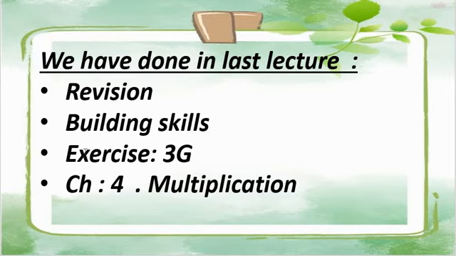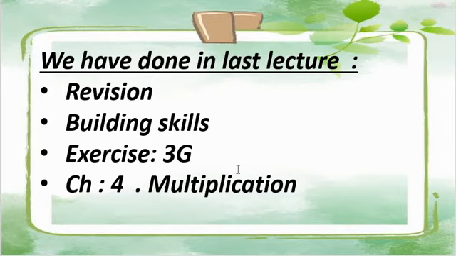Then exercise number 3rd G. Exercise number 3rd G is related to which topic? Building skill, not enough information. For example, when a problem has no full information, we do not have any information.